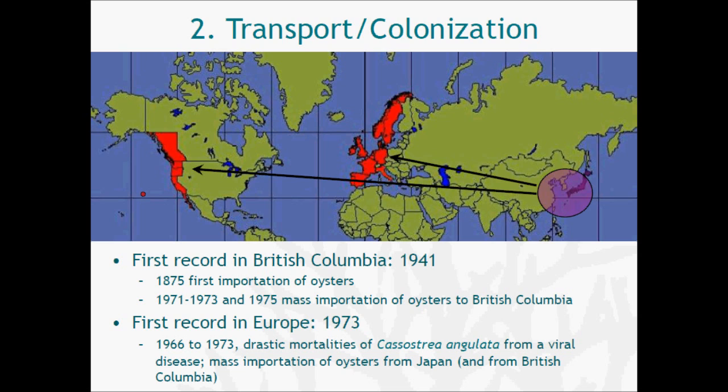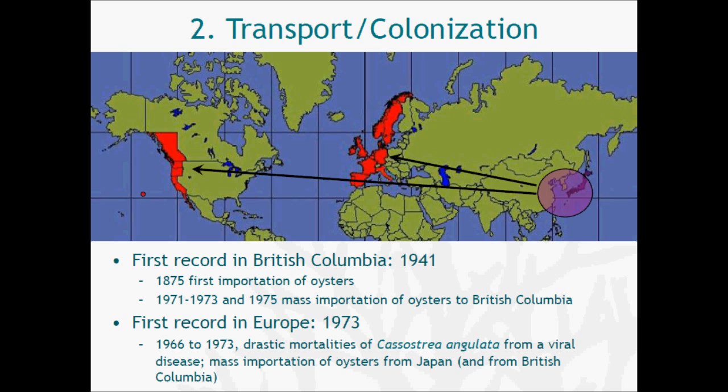We know that very early also, because the vector of introduction is believed to be oysters. So there are very early records of oysters being introduced in North America from Japan.